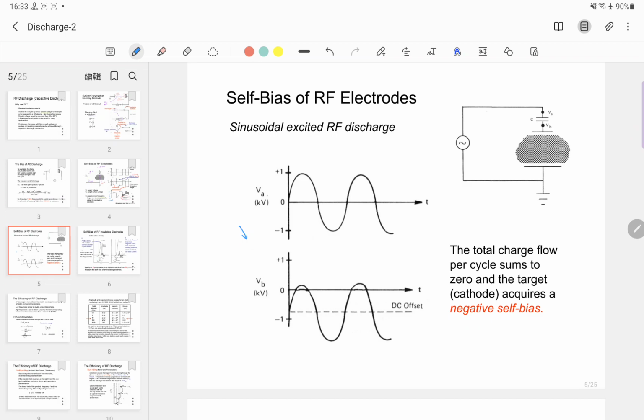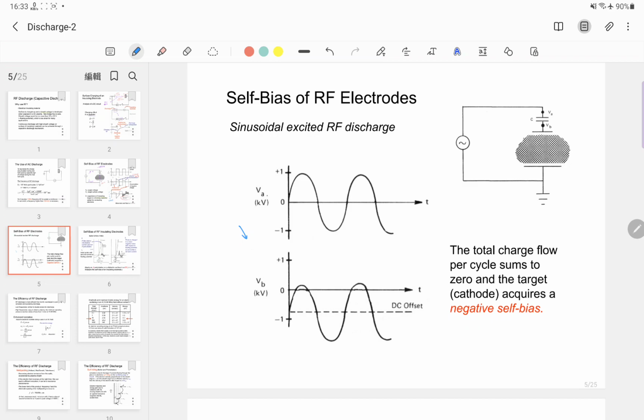And the average potential of the RF hot electrode will become negatively charged with a bias voltage, and this is called DC offset, or sometimes called DC bias.